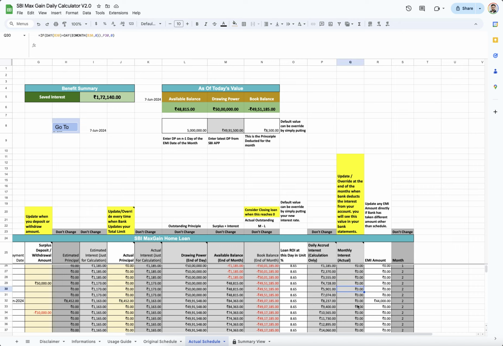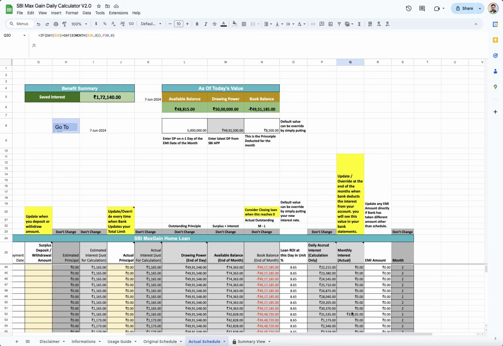I mentioned that whenever there is a change in the interest, if you see at the end of the month the bank has deducted, instead of 31,535, 31,538 rupees, you will just update this cell with the value that is reflected in your bank account.